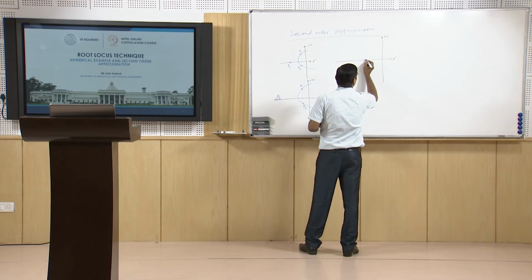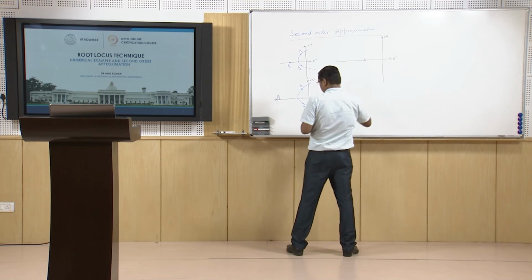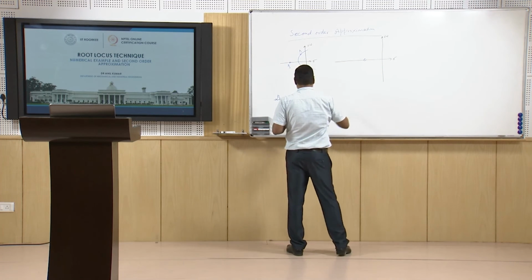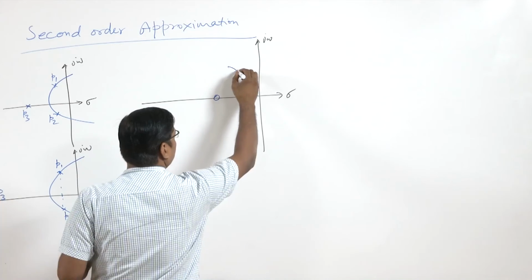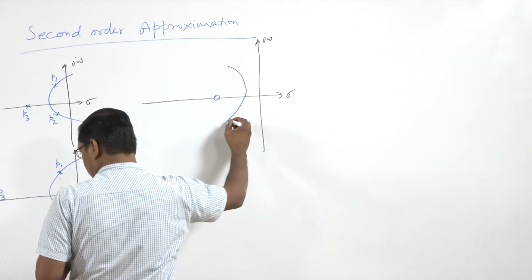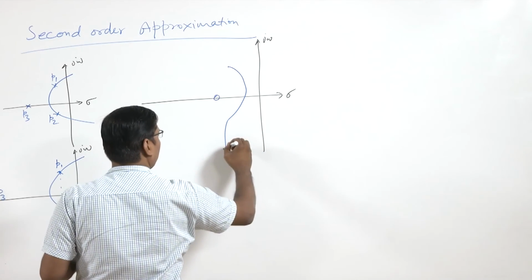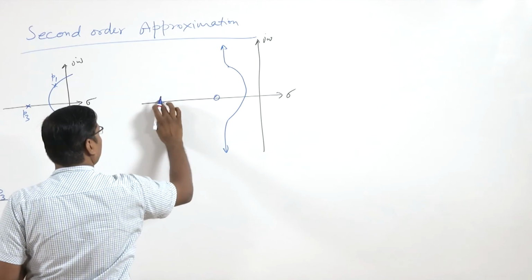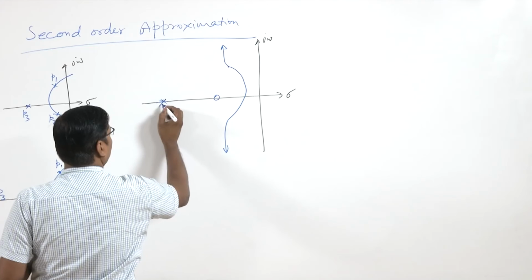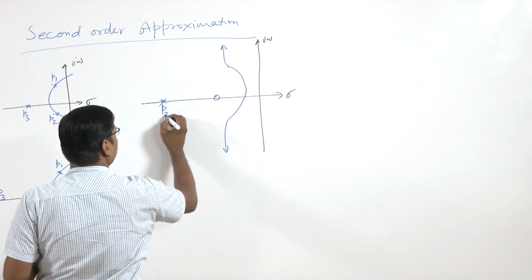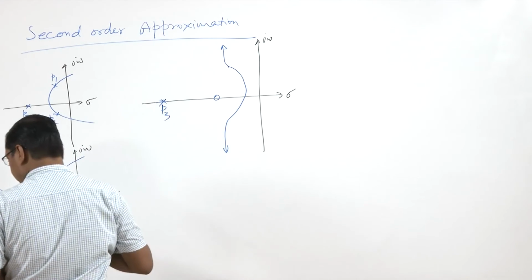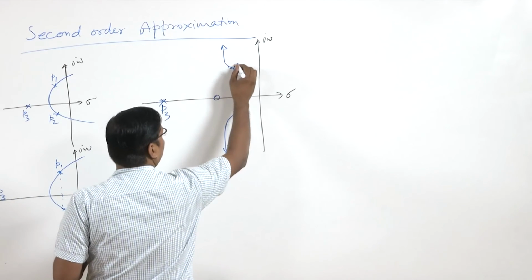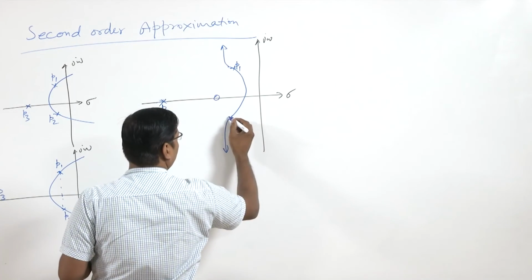So if we have a 0 and we have the root locus, and here is one pole P3, and we have here P1 and P2.